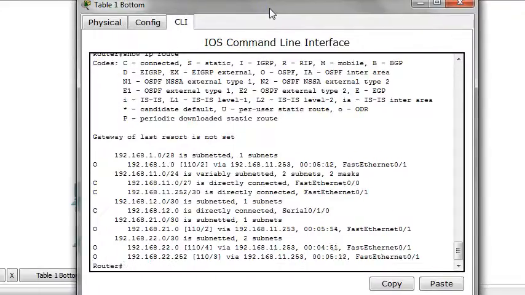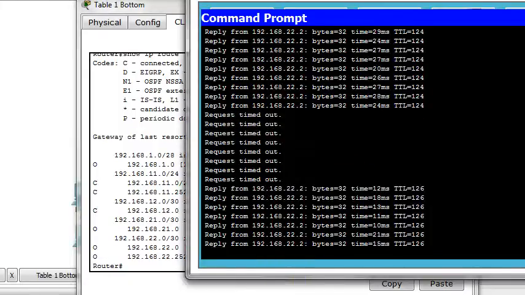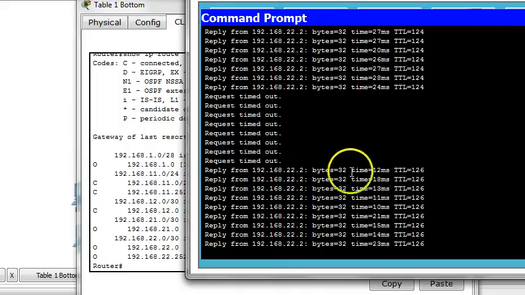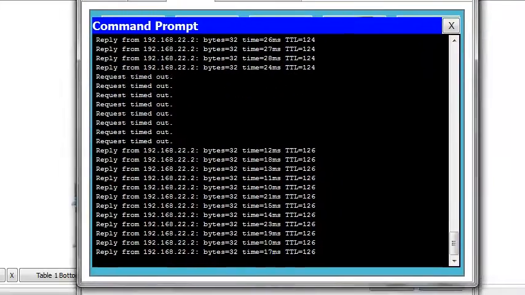It doesn't. All right, it's back. Probably about 30 seconds with OSPF. So that was a lot faster than 7 minutes for stability.